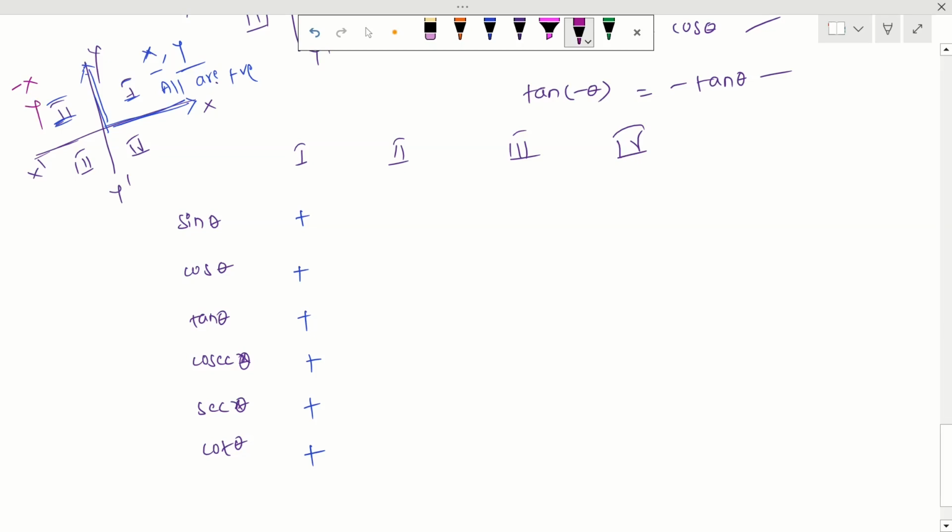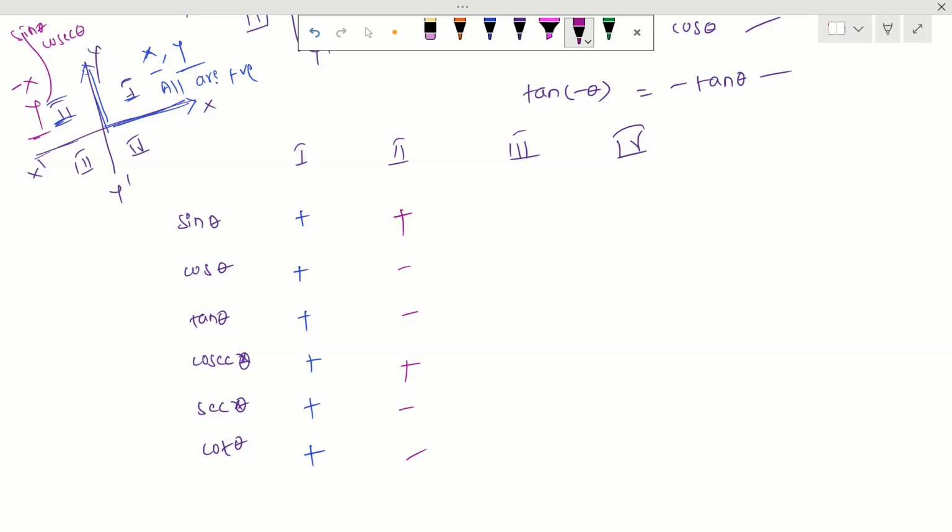Y is sin theta, and the reciprocal of sin theta is cosecant theta, right? Therefore, in the second quadrant, sin theta and cosecant theta are positive, and the remaining are negative.